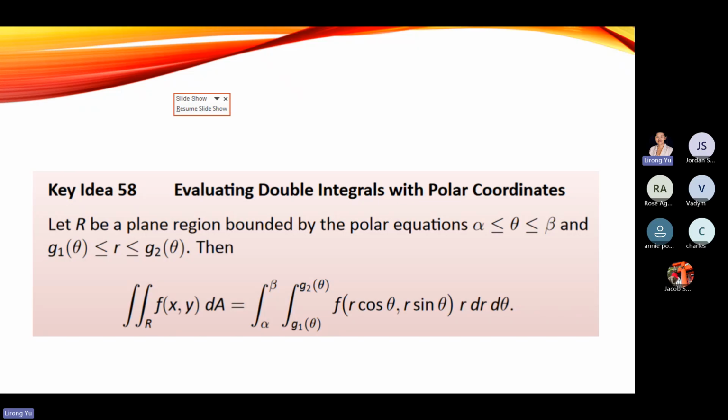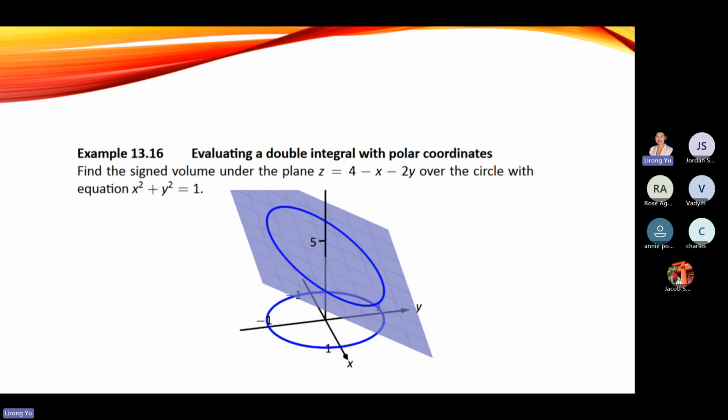So let's look at some examples on switching the integration variable. Let's say we try to find the volume under 4 minus x minus 2y over the circular region x squared plus y squared equals 1.